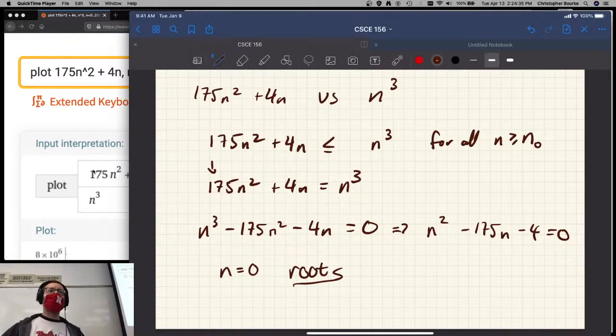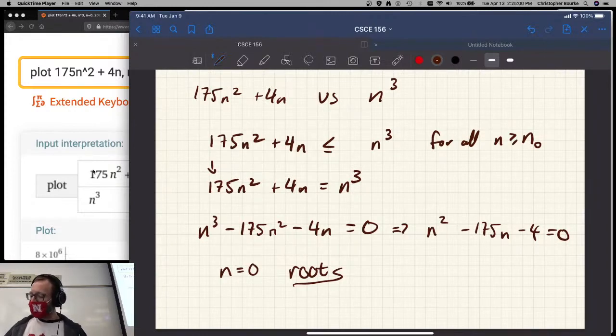Because does anybody know off the top of their head how to find the roots of a cubic equation? No? You'd have to look that up probably, because there is a process. I think it's a couple of cases that you have to go through. Does anybody know how to find the roots of a quartic equation, or a degree 5 equation, or a degree 7 polynomial, or a degree 50 polynomial?